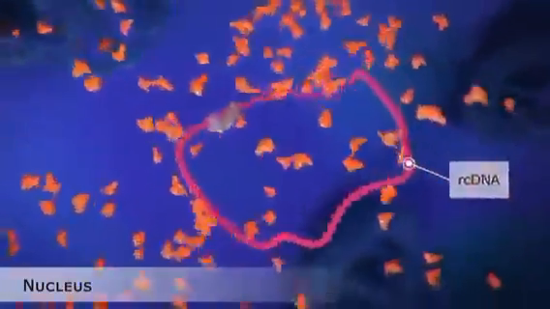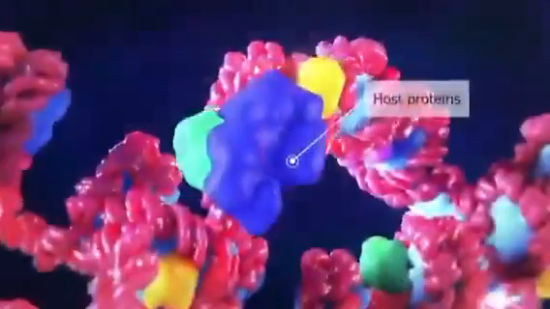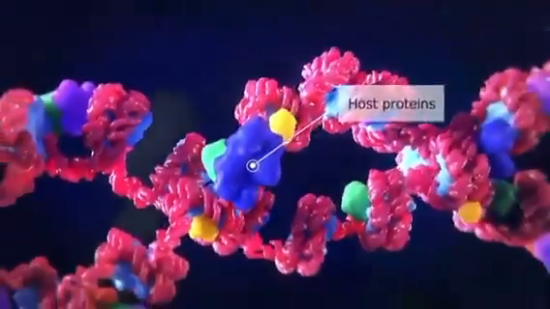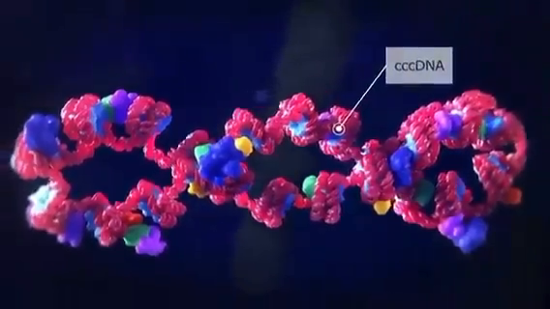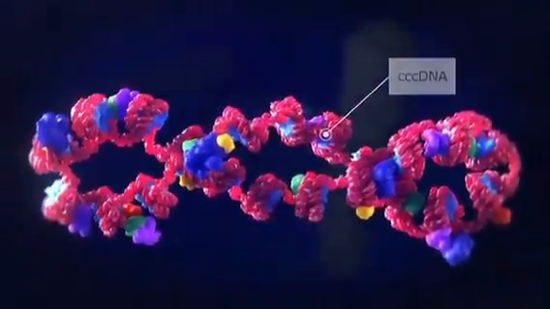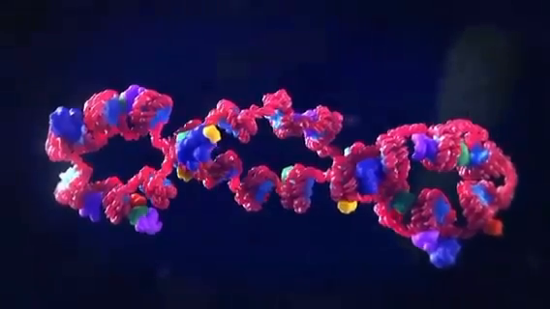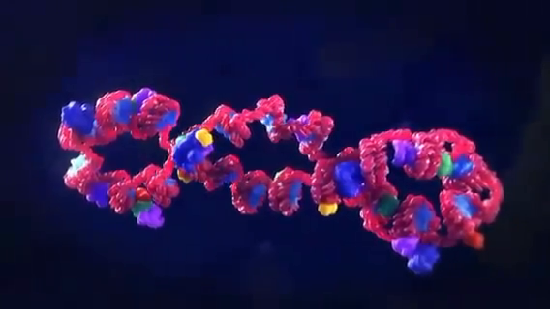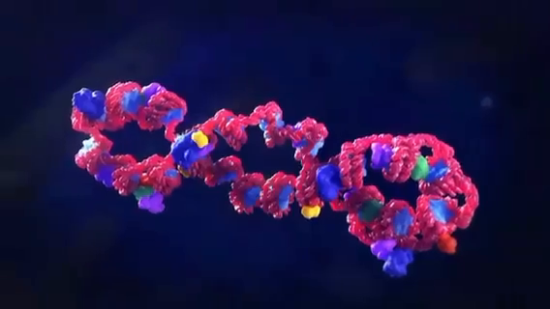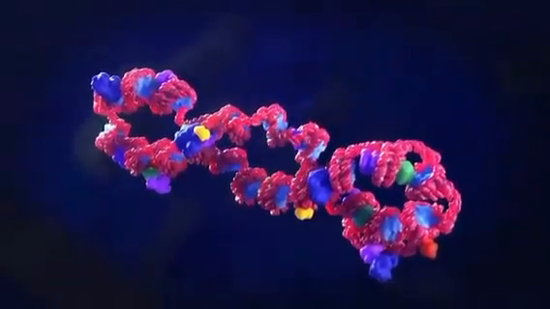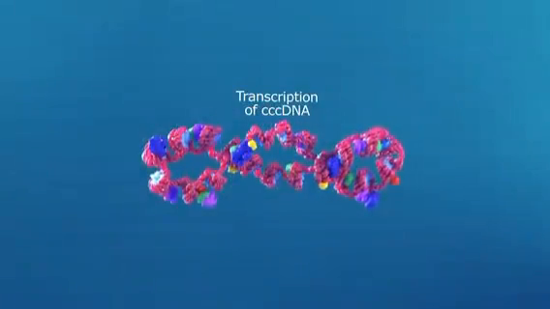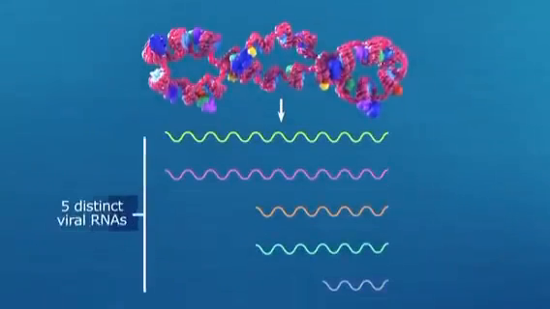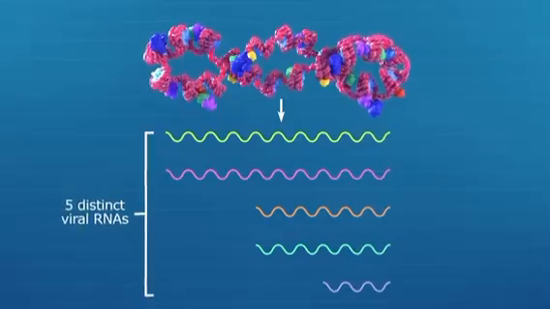Here, the viral rcDNA genome utilizes host proteins to establish itself as a stable mini-chromosome of covalently closed circular DNA, or cccDNA. As a library of all the information needed for HBV replication, cccDNA forms the molecular basis for establishing and maintaining viral infection. The transcription of cccDNA from different promoters generates 5 distinct RNA types.